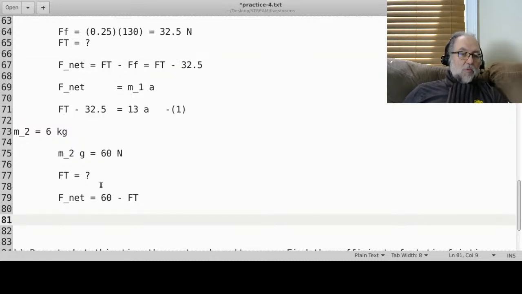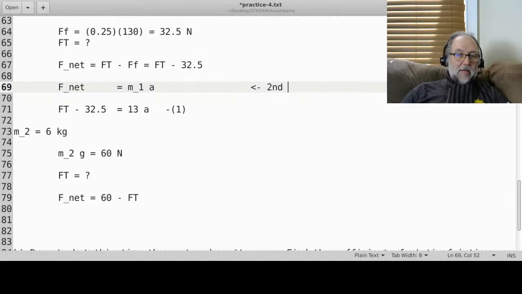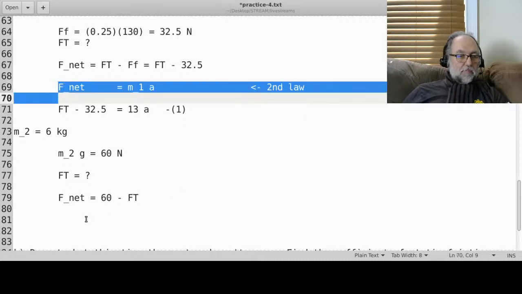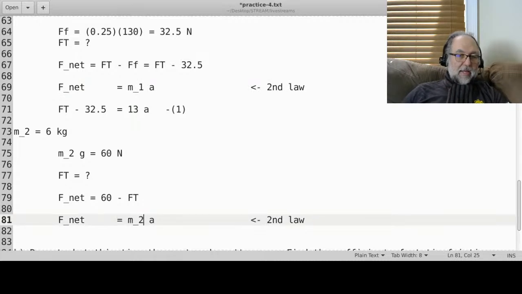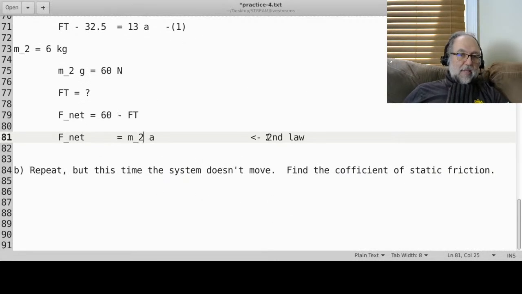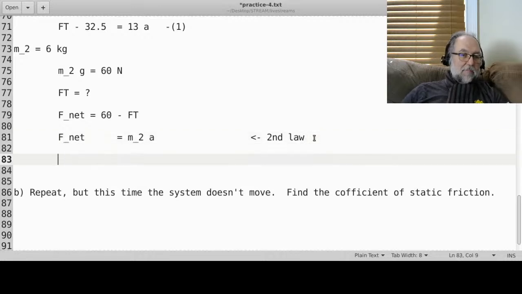All right, so now why did we do this? We did this so that we could use Newton's second law. So this line right here, you say, where did that come from? That's the second law. Okay, well, where did this line come from? Only with m2. It's also the second law. Okay, now the second law, but now applied to the 6 kilogram.